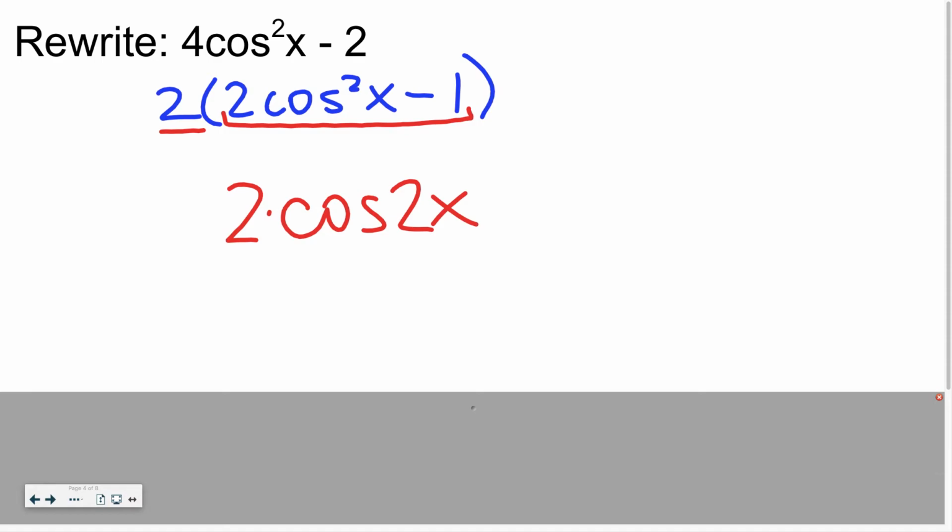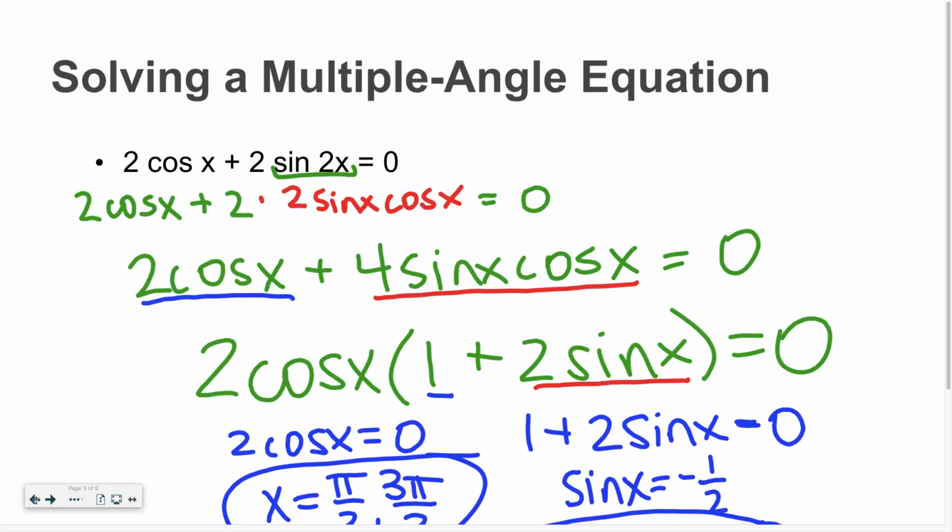Are we okay with that working backwards? I'm going to go back to this problem very quickly. We only had one choice here. What if this were like cosine of 2x? If we're going to apply one of the cosine double angle formulas in a situation, look at what else you have.